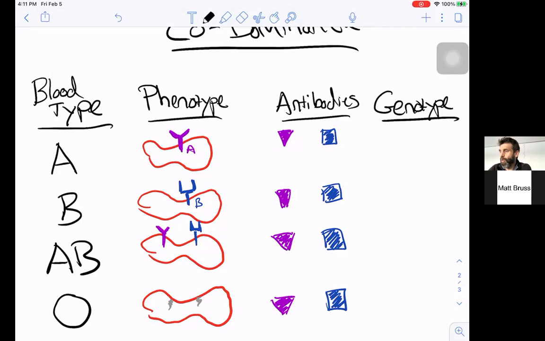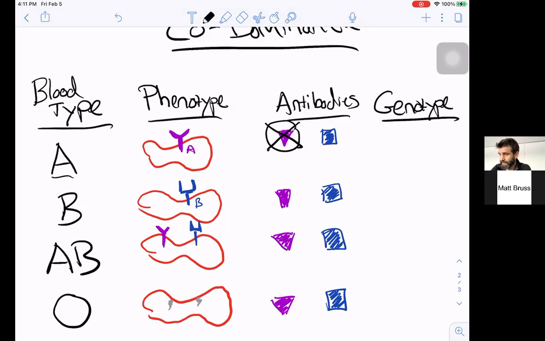What we don't want is, if we are blood type A, our body does not produce the A antibody. That's a whole other topic of how that happens, but we don't produce that antibody. If we did, we would recognize our own red blood cells, we would kill our own red blood cells, and we wouldn't last very long.